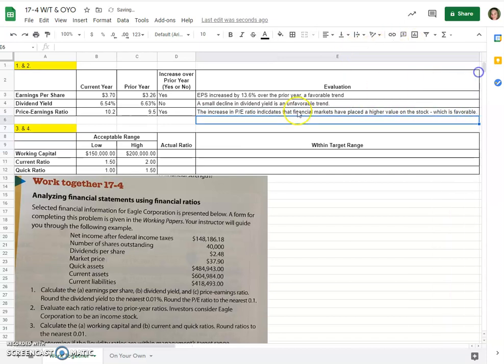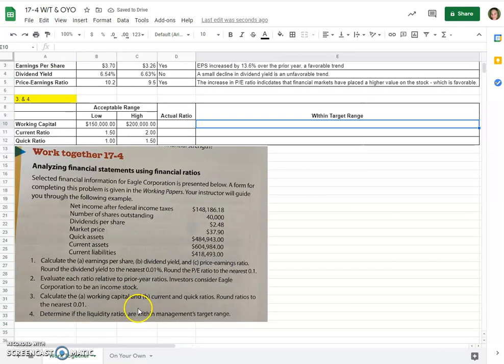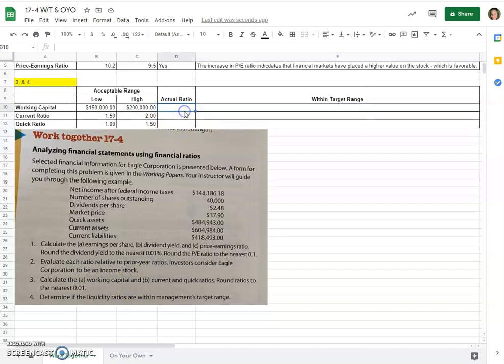Okay. Let's do number 3 and 4 now. Calculate working capital. So we'll start there. The actual ratio this year. Working capital is defined as current assets minus current liabilities.